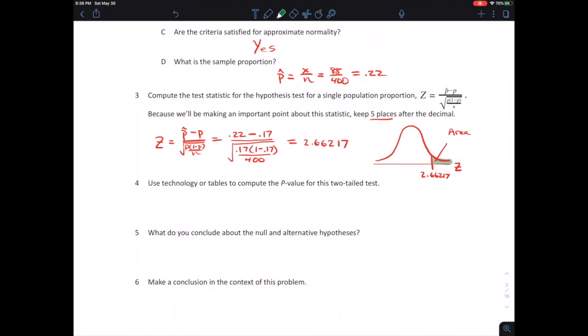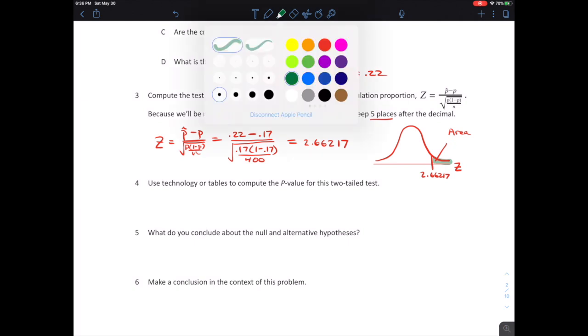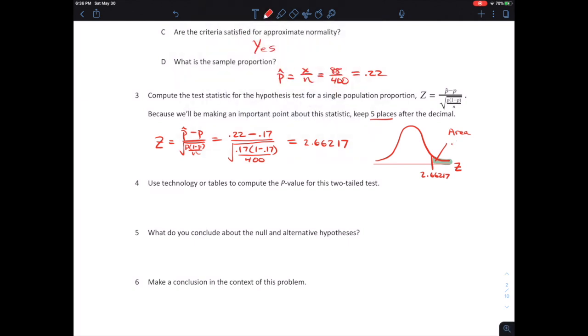0.003882. That is not the p-value because, as they say down below here, this is a two-tailed test, so we have to double the area of the tail.